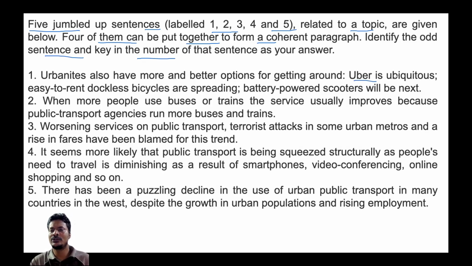So Uber is ubiquitous, easy to rent, dockless bicycles are spreading, battery powered scooters will be next. Okay, so this is the first sentence, which is stating that urbanites also have more and better options for getting around. These are the examples which have been pointed out.